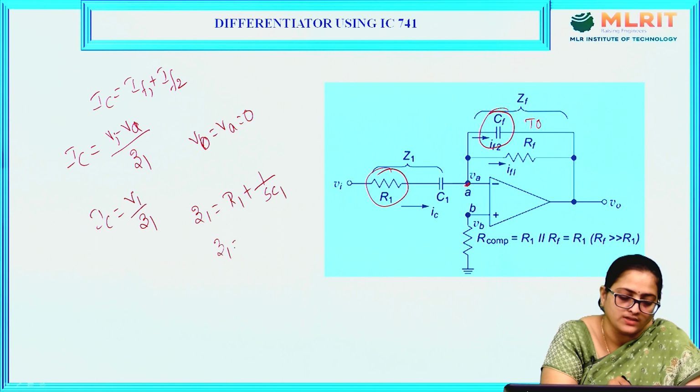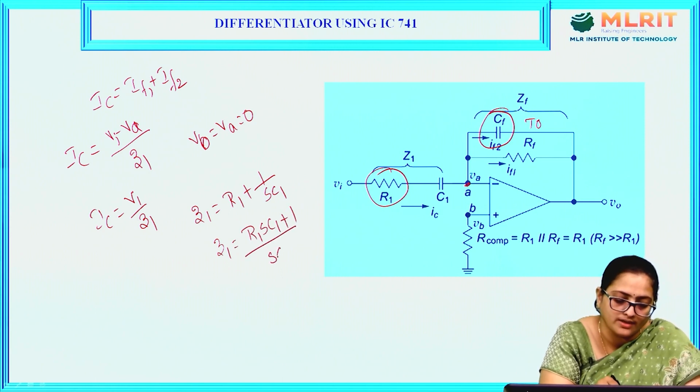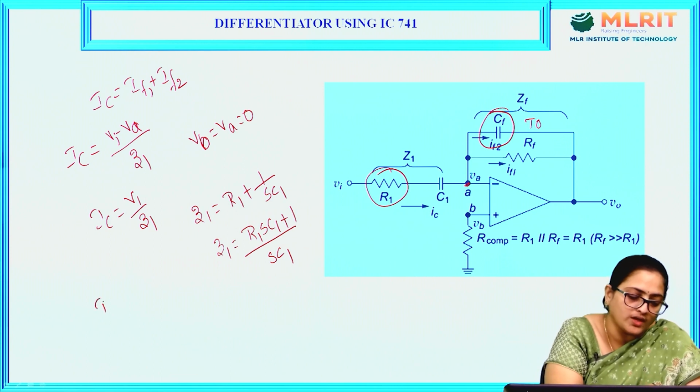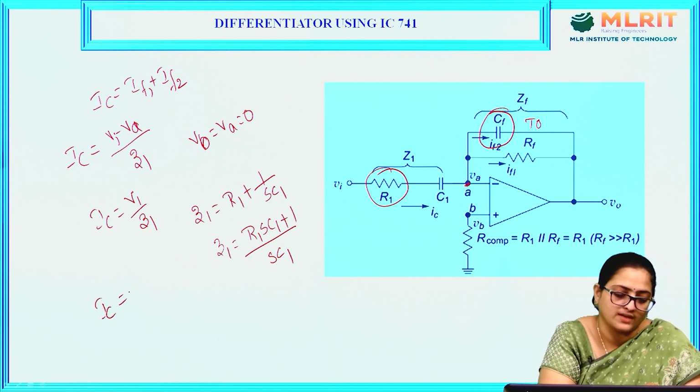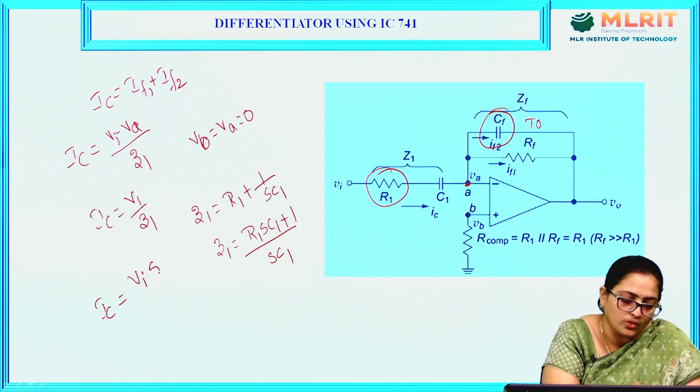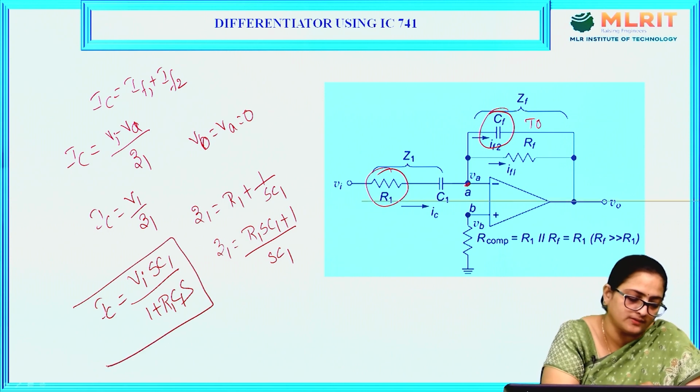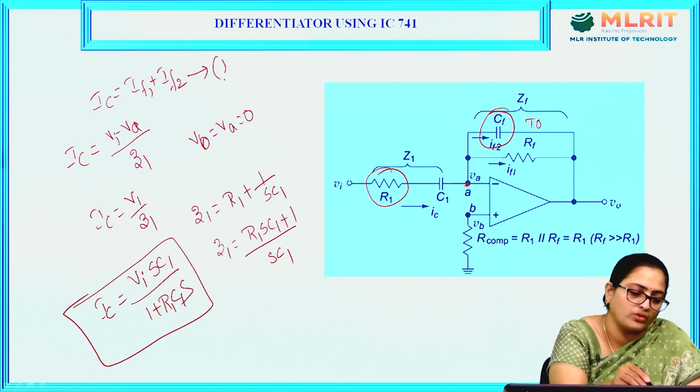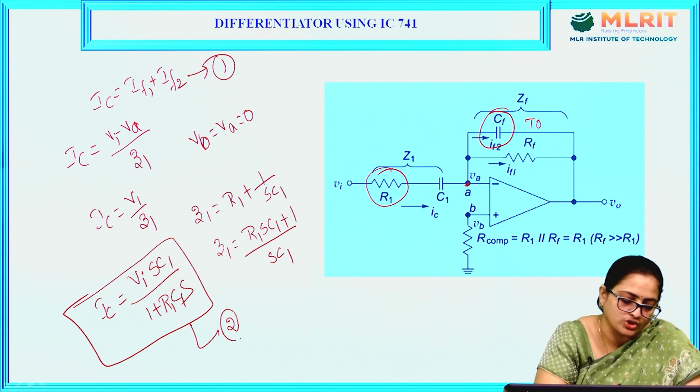So Z1 is given as (R1 SC1 plus 1) divided by SC1. So the current can be given as IC equals VI into SC1 divided by 1 plus R1 C1 into S. Let this be equation 1, let this be equation 2.